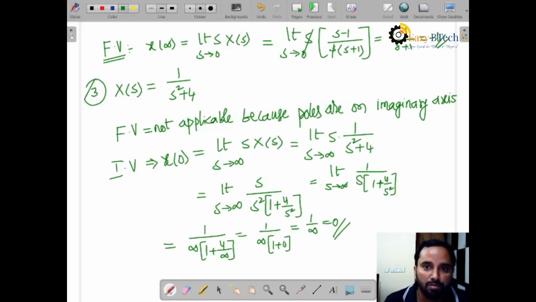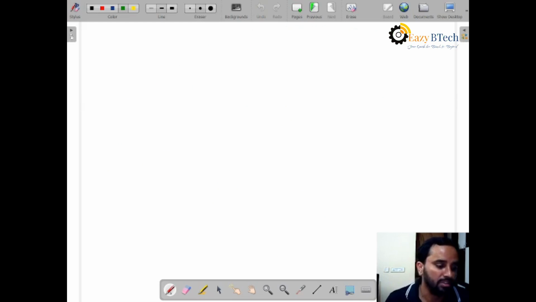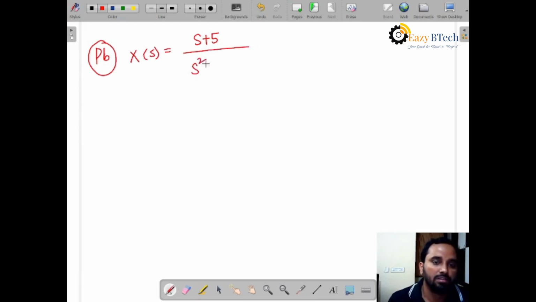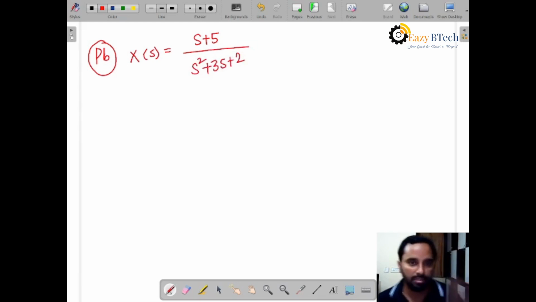And some more problems we can do based on this initial value and final value. Let's consider X of s equal to s plus 5 divided by s square plus 3s plus 2. So how to do the initial value and final value?